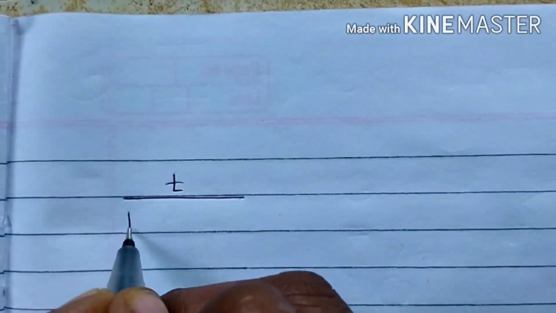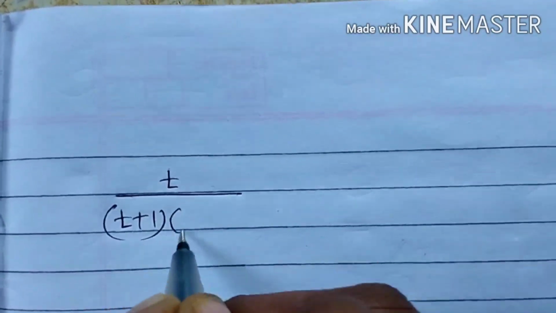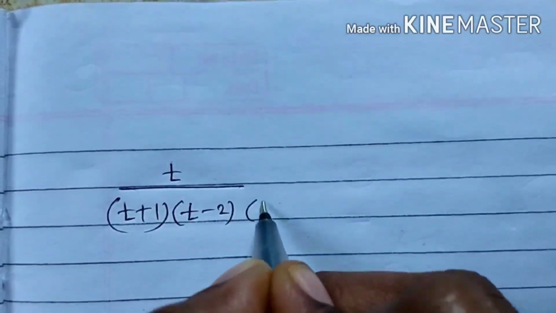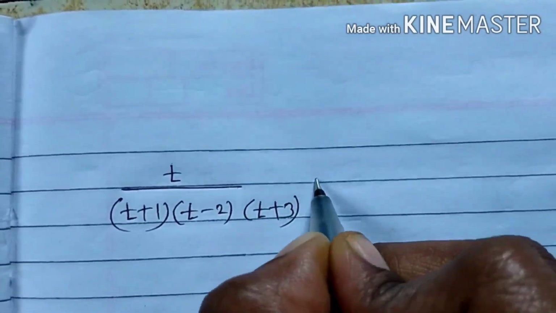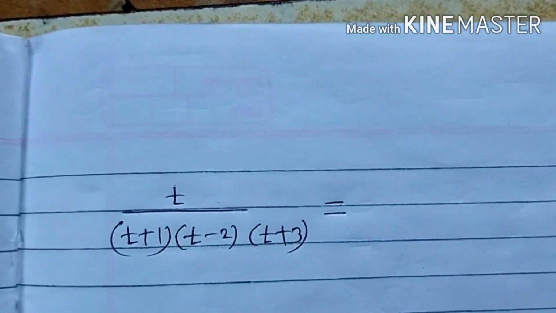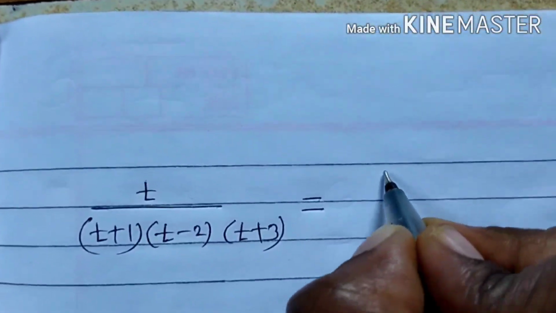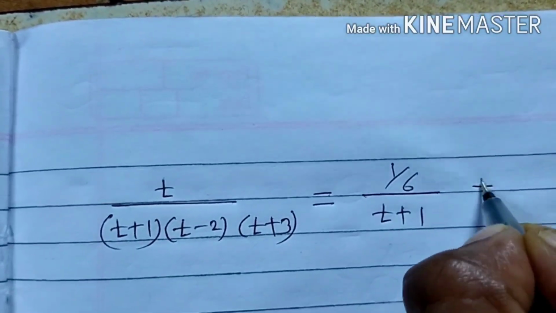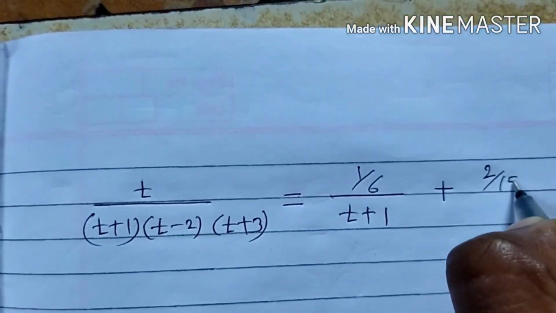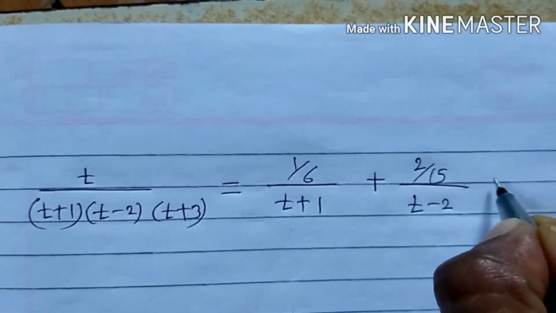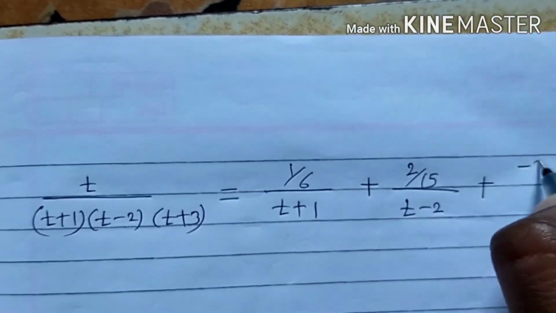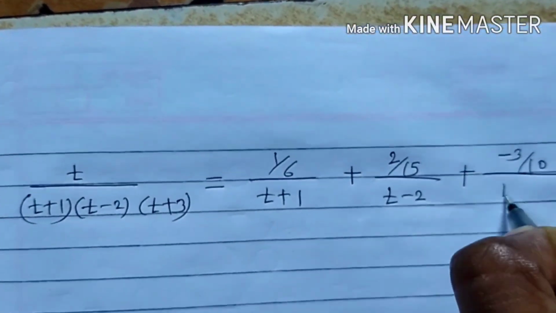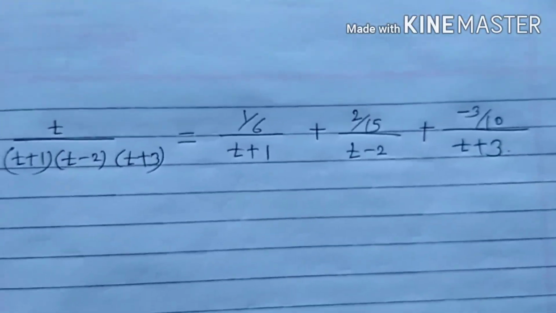t upon (t plus 1)(t minus 2)(t plus 3) is equal to, the value of a is 1 by 6, so 1 by 6 upon t plus 1, plus 2 upon 15 upon t minus 2, plus minus 3 upon 10 upon t plus 3.